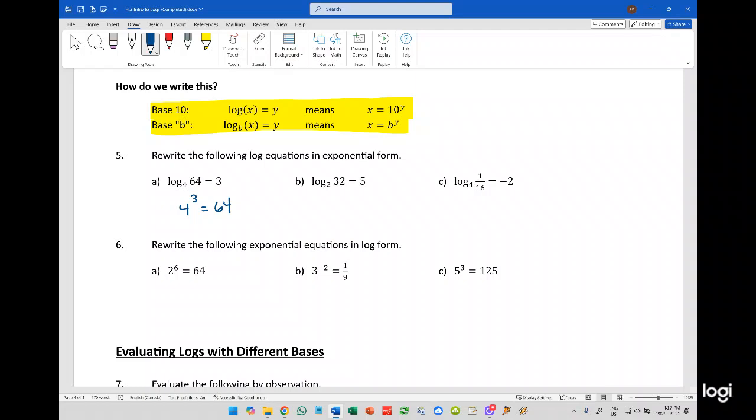So the base of the log is the exact same as the base of the exponential. This is the exponent. This is the answer. So base, exponent, answer. And likewise over here, I read this as base, exponent, answer. And sure enough, that's true. This one, base, exponent, answer.